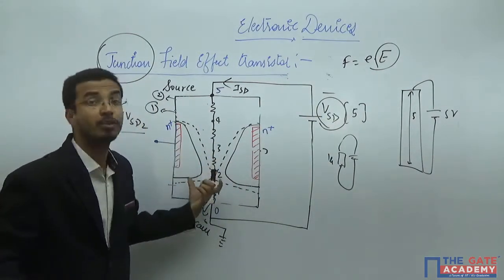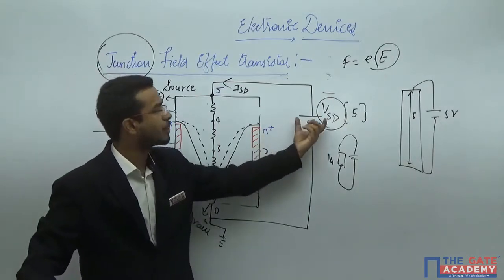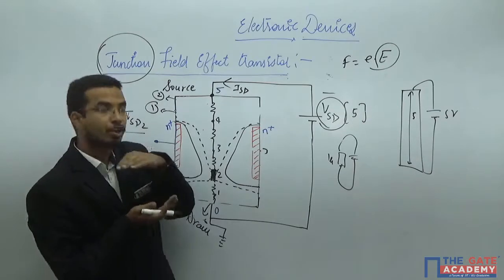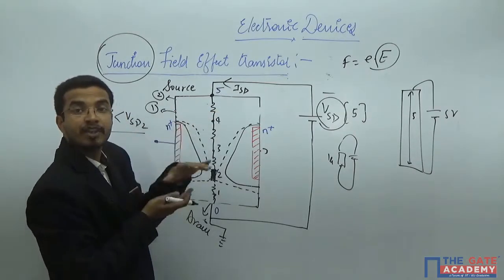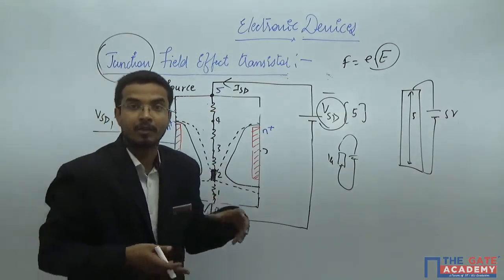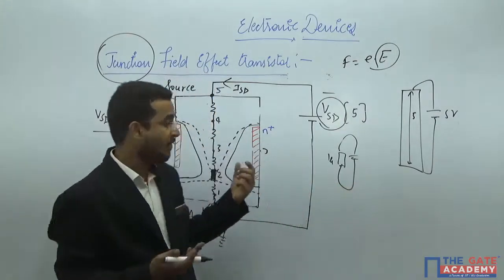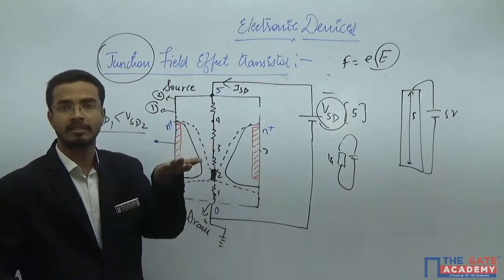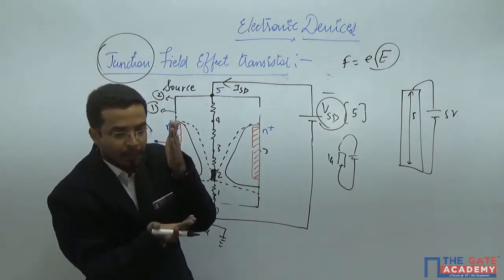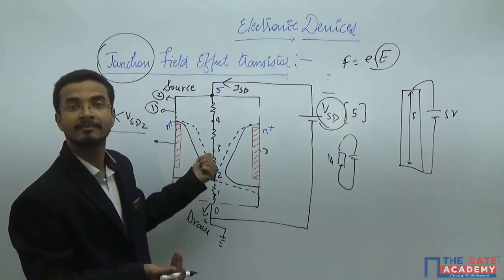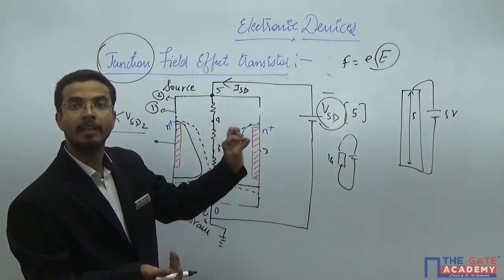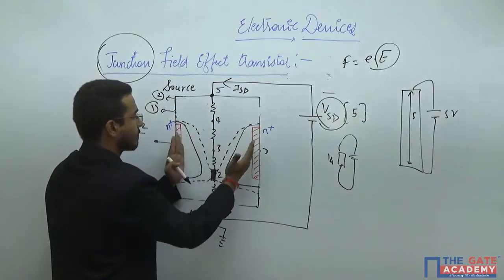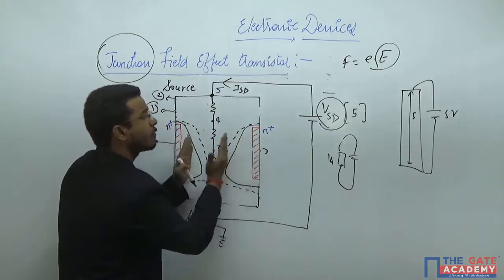Now come, before saturation what will happen? As you keep on changing this, the depletion region will keep on changing, due to which the cross-sectional area of the device will keep on changing, due to which you are able to control the resistance of the device. But after pinch off, the current offered by the device will become constant. That means below pinch off, the device will act as a voltage variable resistor, because as you vary this, the cross-sectional area, that means the depletion region, can vary.